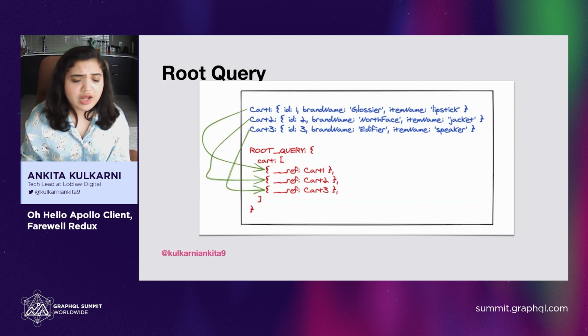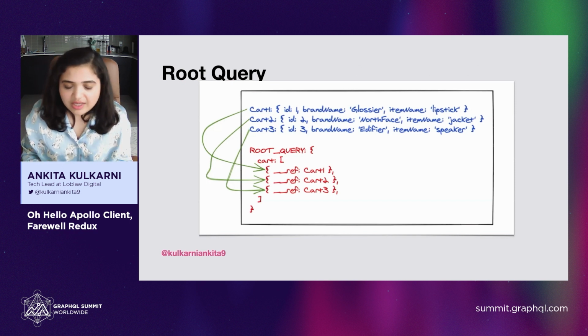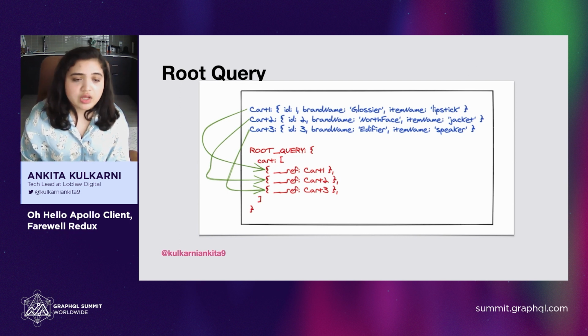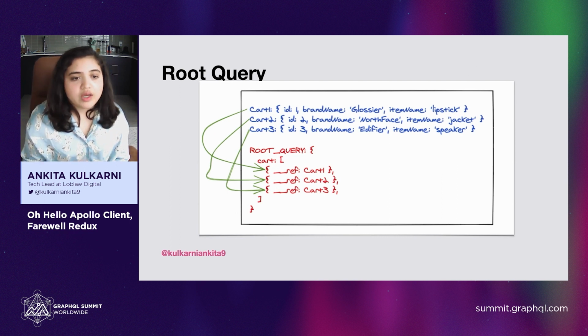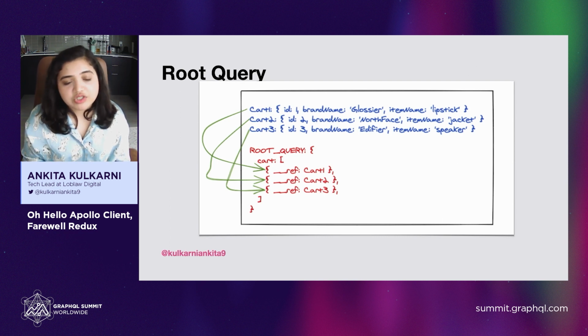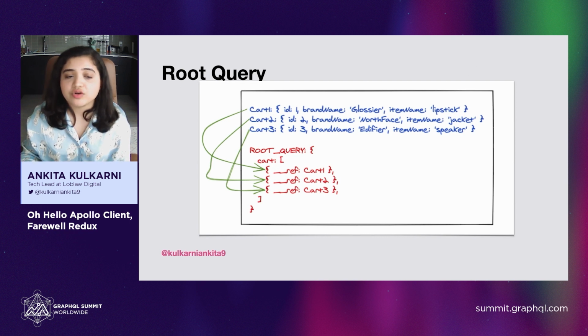So let's take a look at how the root query looks. Again, the biggest takeaway being we need to understand how the cache works and a little bit of how it works internally. It would have generated a root query, and in this example, back to our card example, it would keep a reference for each card object, so that it's essentially going to do a lookup based on reference just to update what has changed in your data.